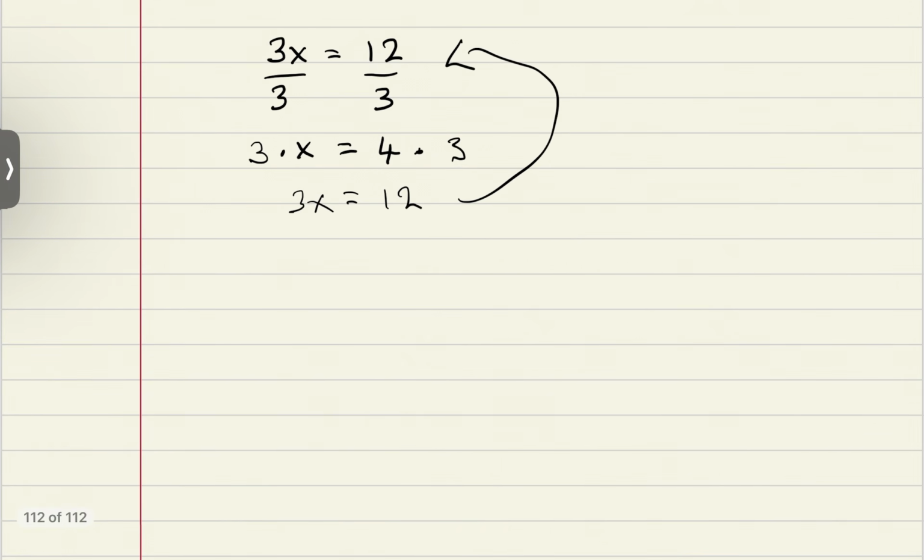Let me give you a geometry example since our focus in this playlist is geometry. Let's say we have 3AB is equal to 15. Remember, this is a line segment. If we divide both sides by 3, see, we're dividing both sides by the same number, then we have AB is equal to 5.